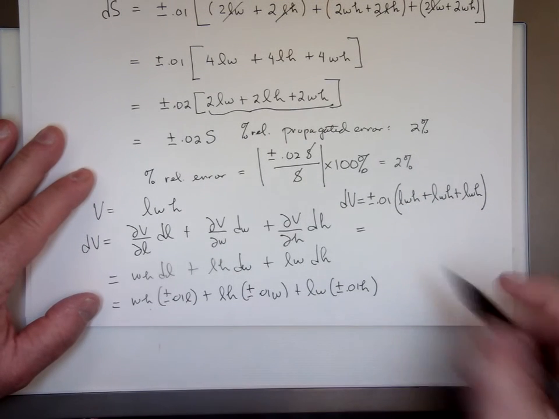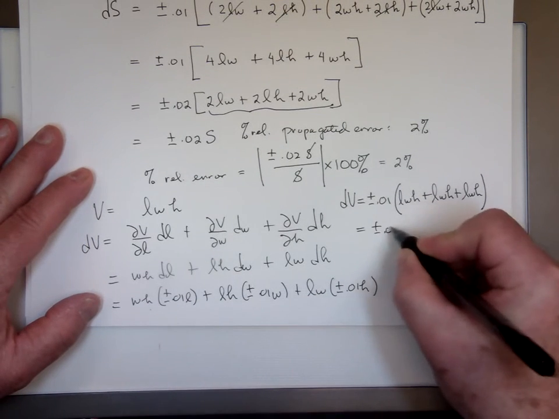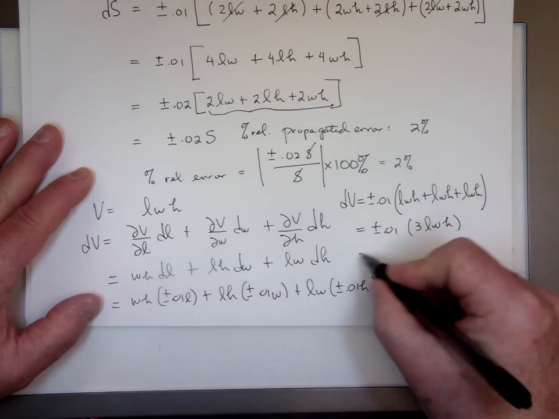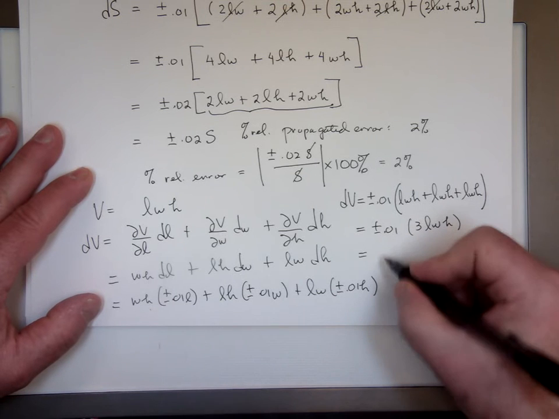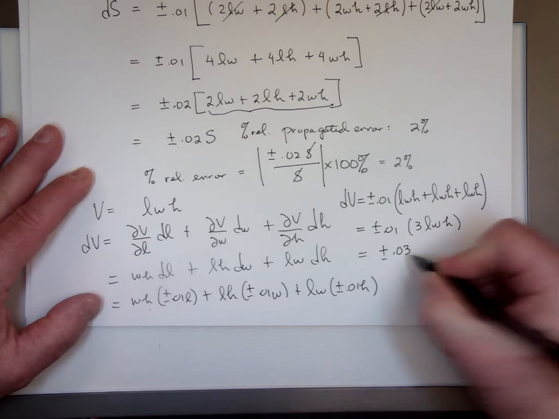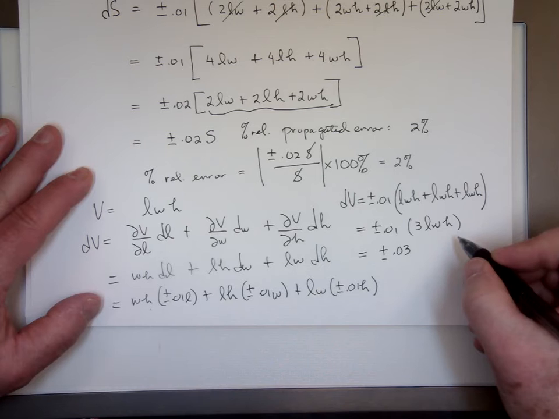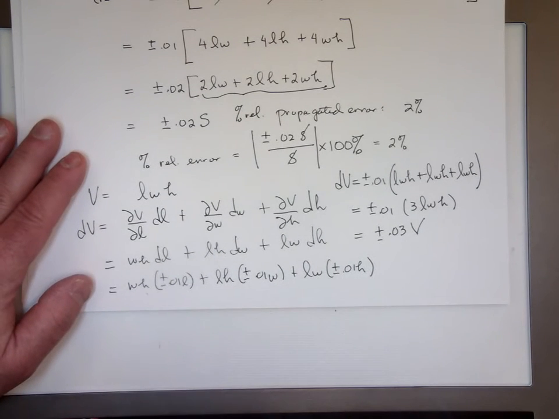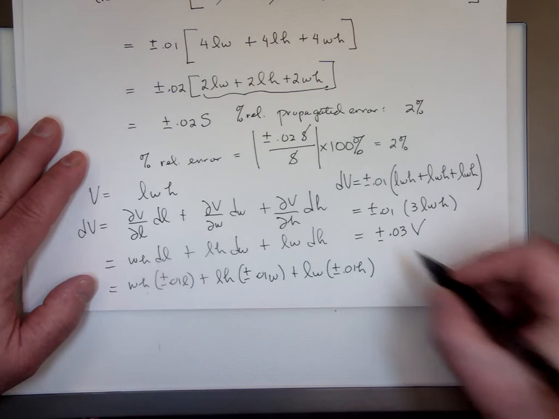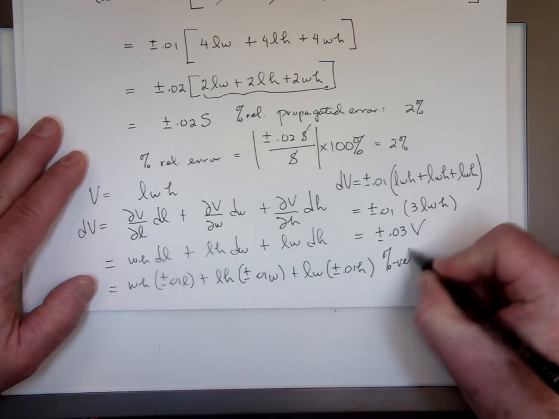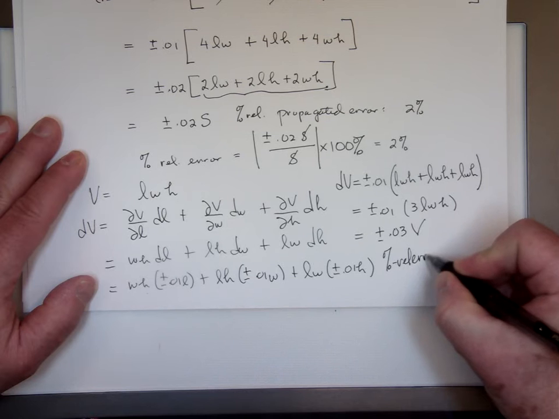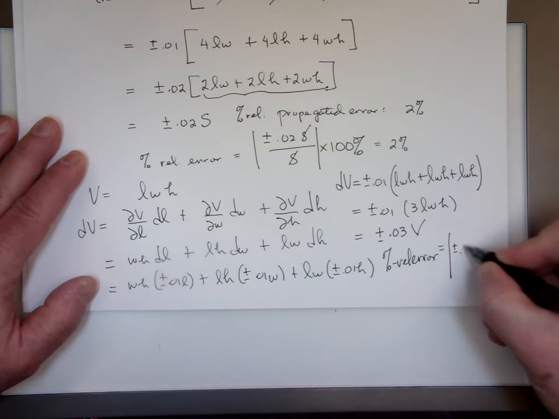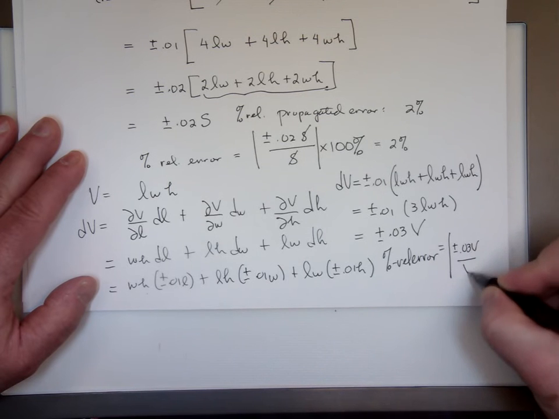We have 3 LWHs. 3 comes out. LWH is equal to what? The volume. 3% error is what we have. The percent relative error is equal to plus or minus 0.03 V divided by V times 100%.